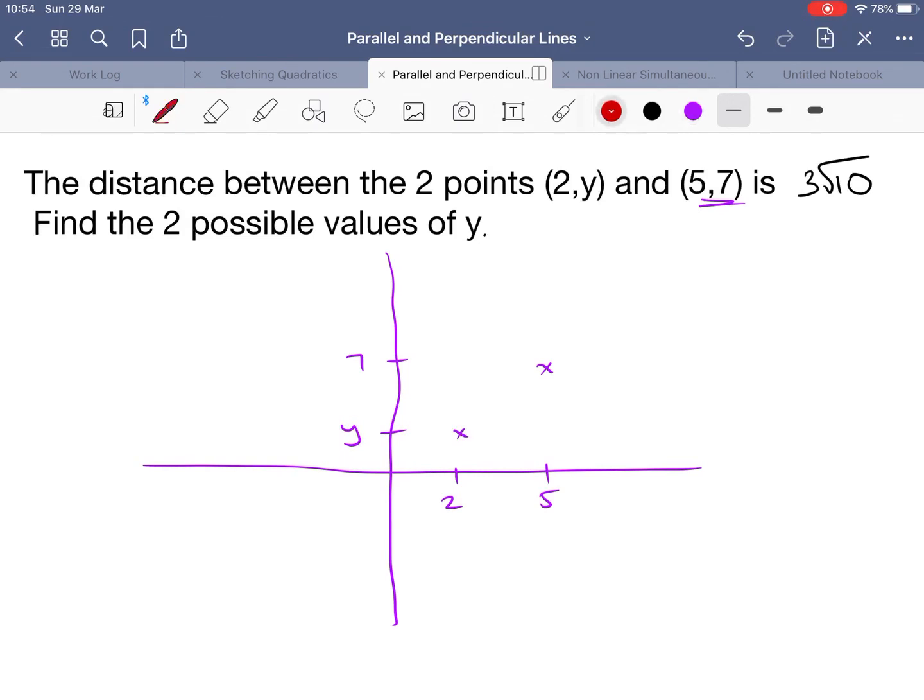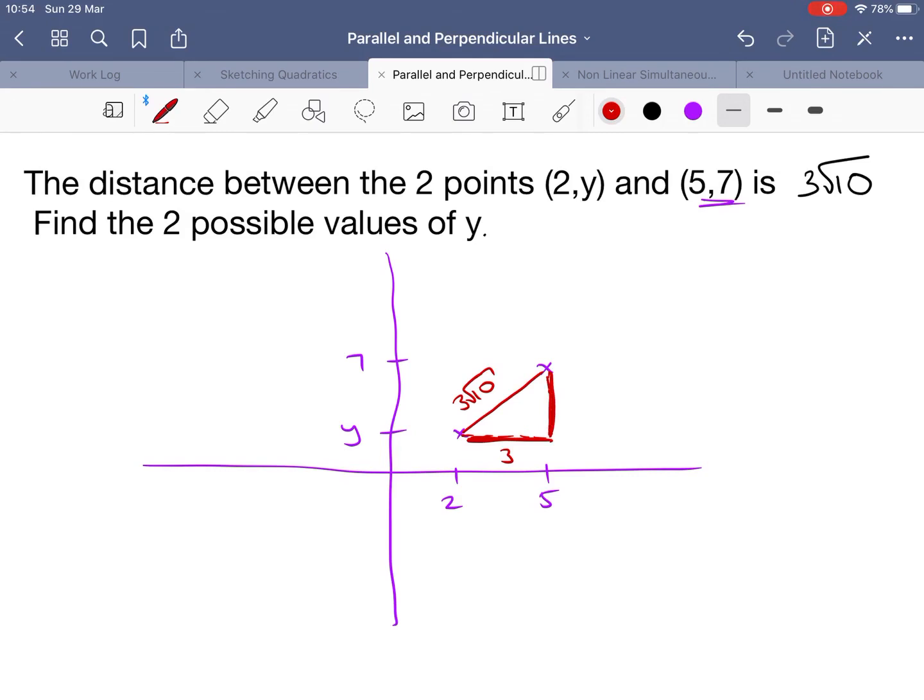I don't know where it is, but I'm going to put it there. And I know that this distance has to be 3√10. So drawing my triangle, the length of this part of the triangle is going to be 3.